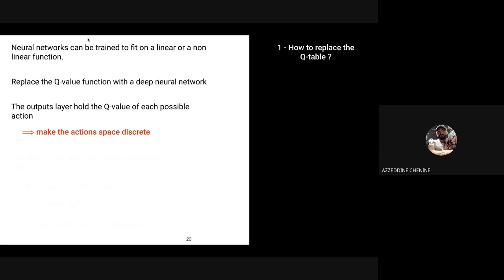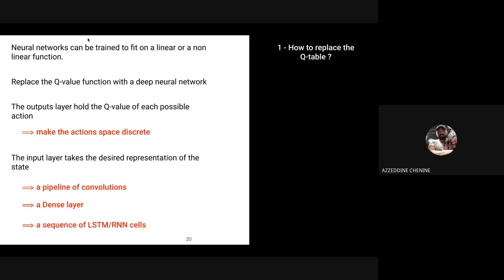The input layer. The best thing about deep Q networks is that the input layer takes the desired representation of the state. What we discussed earlier is that it is difficult to extract features that are indexable from a complicated state. In a deep neural network, it is the contrary.